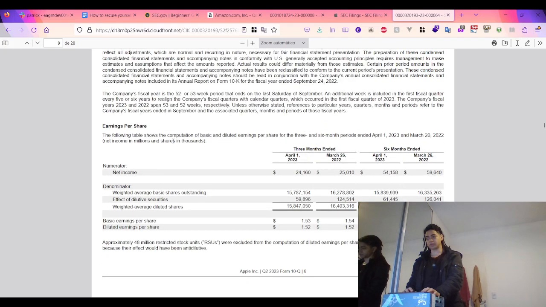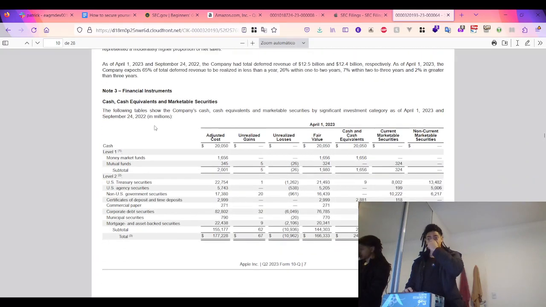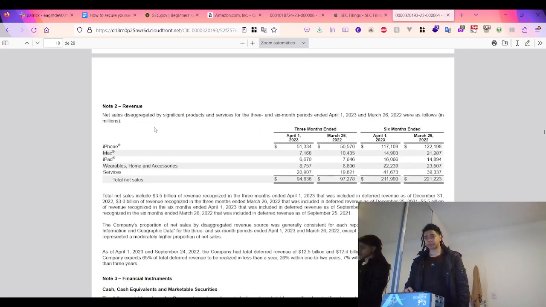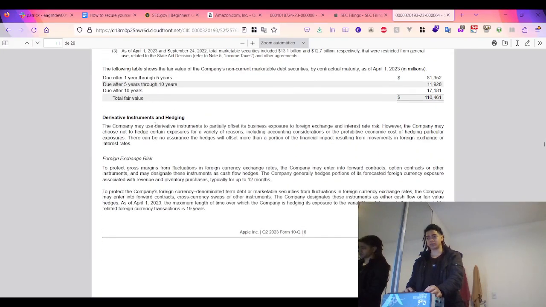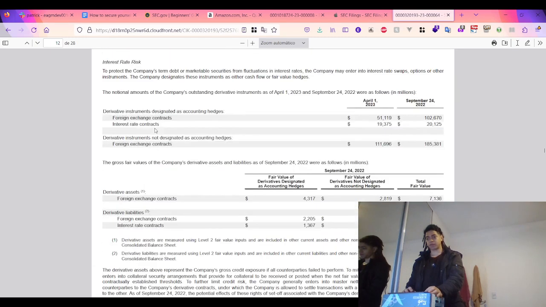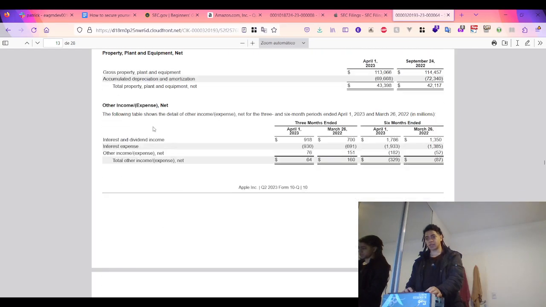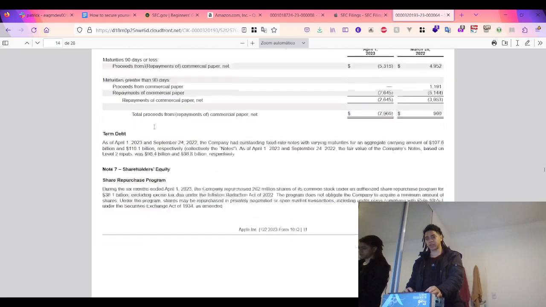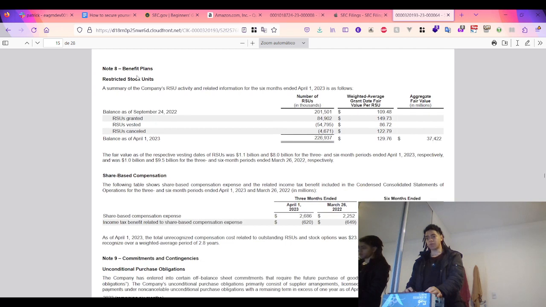They talk about the stock options, as well as revenue, financial instruments, derivative instruments and hedging, foreign exchange risk, interest risk, accounts receivable, income taxes, debt, shareholders' equity, benefit plans. This is where they describe it. Okay, benefit plans, Apple described this.